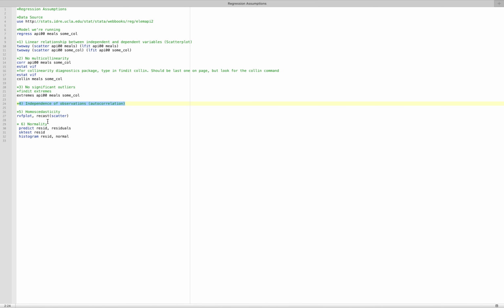So if data was collected in a way where they're grouped together by neighborhood or schools, or businesses or countries or those types of things, then you have a concern here. There's different ways to address this that goes beyond this class, but that is just one assumption that goes with it.